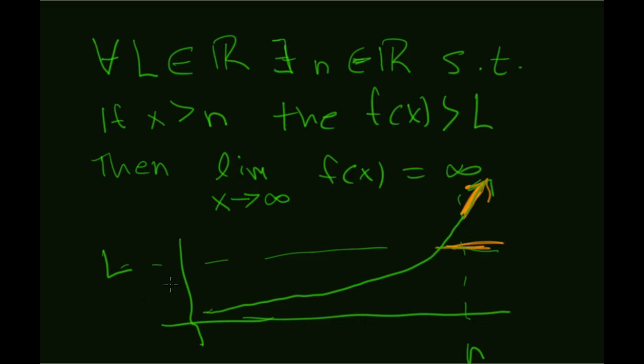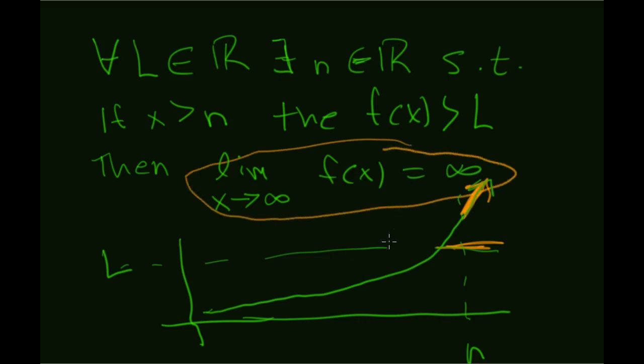So if you can give me an L, I can pick you an N that goes above that. If I can do that, then the limit as x approaches infinity of f of x is equal to infinity. This is the case that creates a blowing up at the end.